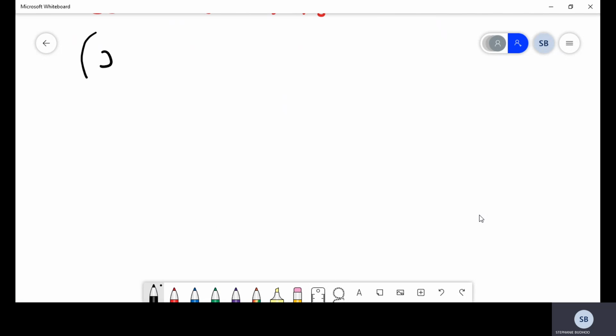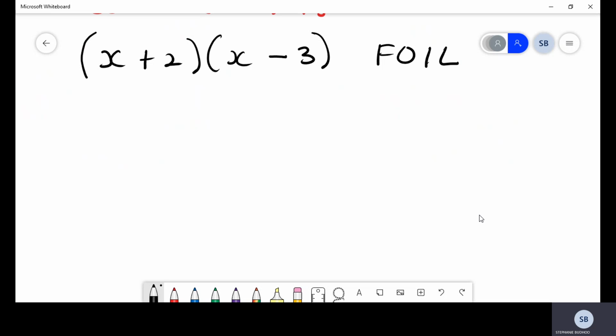Next example, we have x plus 2 multiplied by x minus 3. Let's try a subtraction sign here and see what happens. So I'll write FOIL, F-O-I-L. We first multiply the first terms, which are x and x. So x by x gives me x squared.